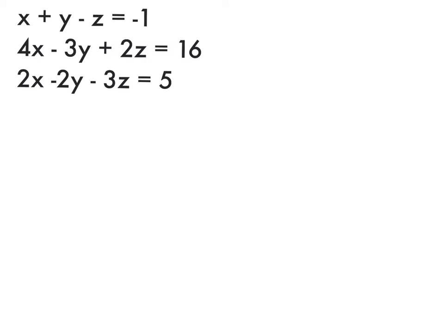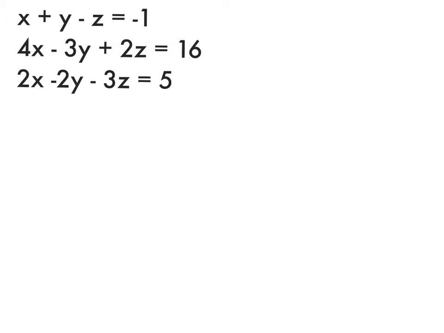So to put that into practice, let's take a look at this example. Now it's going to be a mashup between substitution and elimination. My ultimate goal here is to take one of the equations, so I'm going to take this first one, and manipulate it with this one and the third one separately.